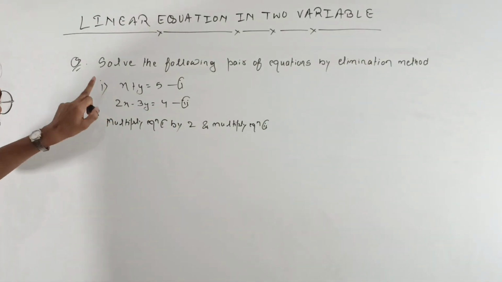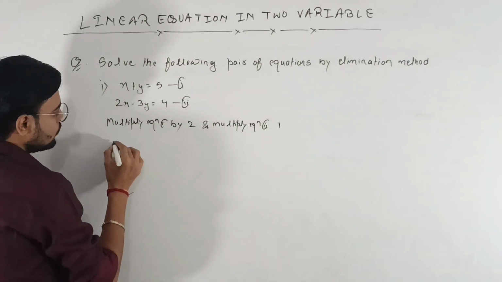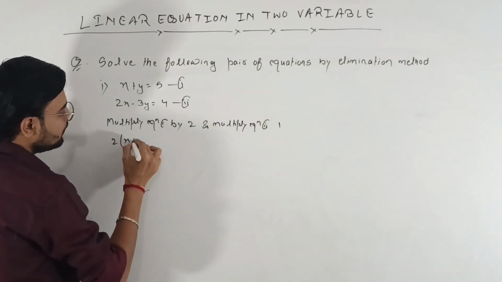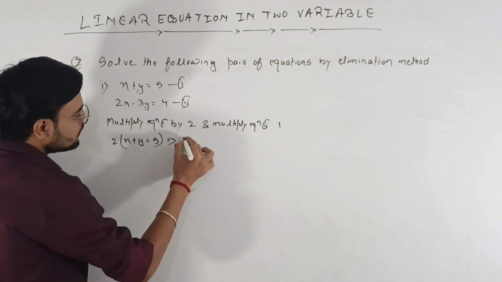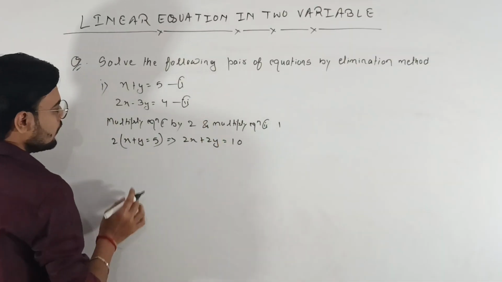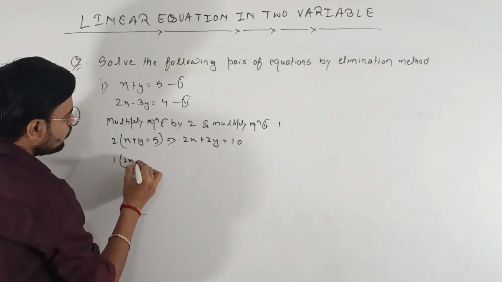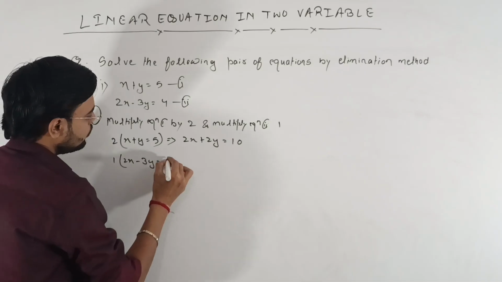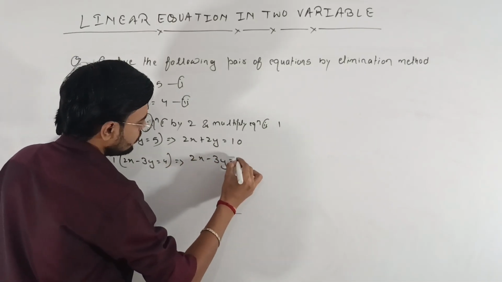In this case, the coefficient is 1. Now equation 1 by 2: equation 1 is x plus y is equal to 5, then this will become 2x plus 2y is equal to 10. Now equation 2 by 1: equation 2 is 2x minus 3y is equal to 4, so this will again be 2x minus 3y is equal to 4.